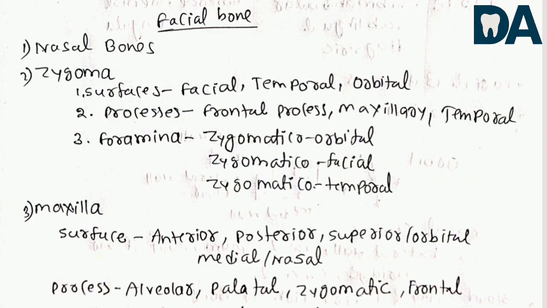Third, they protect and support the organs for the senses of vision, eye; taste, tongue; smell, nose; hearing, ear; and equilibrium and balance. That is for the brain.